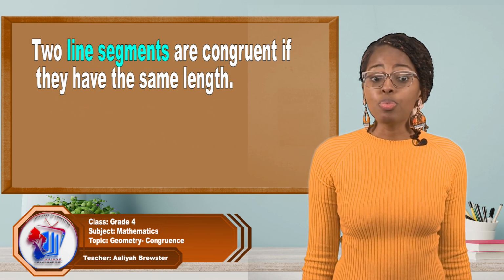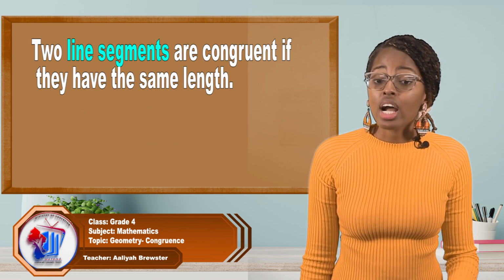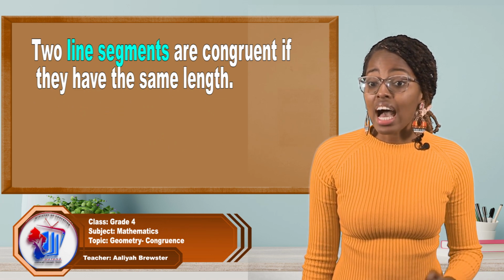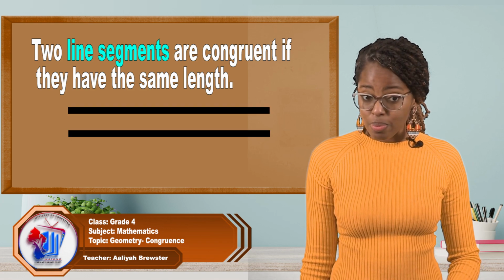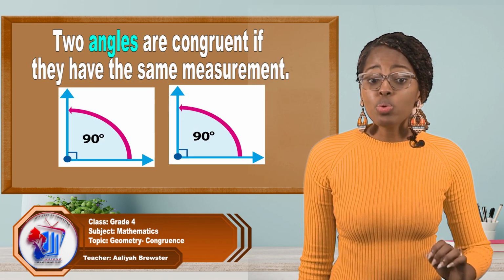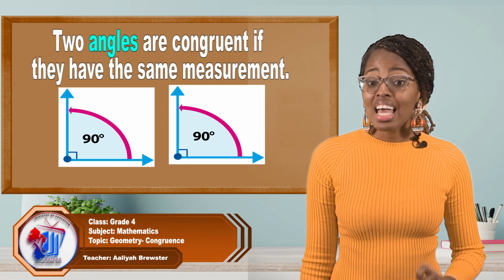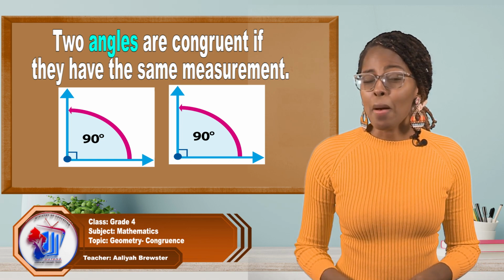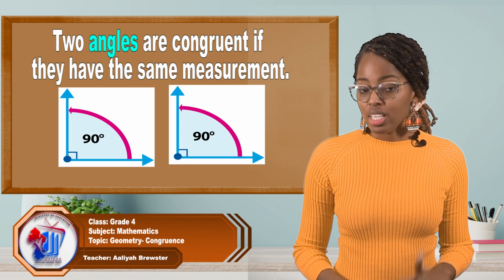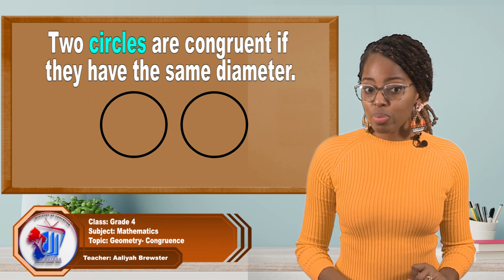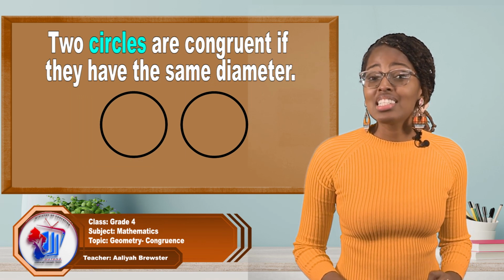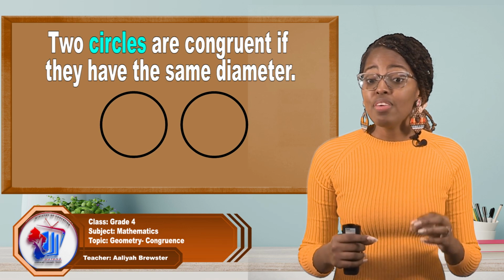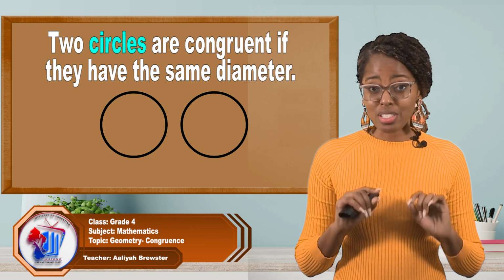For example, two line segments are congruent if they have the same length. Also, two angles are congruent if they have the same measurement. Another example, two circles are said to be congruent if they have the same diameter.